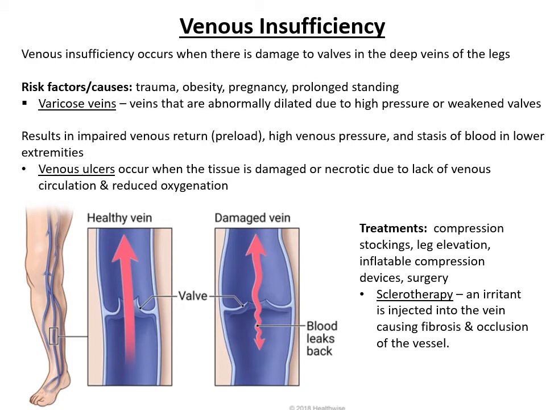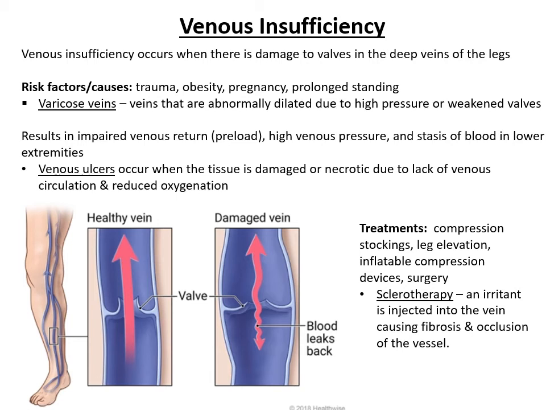So leg elevation. In order to elevate your leg, it has to be above the level of the heart. So basically the patient has to be horizontal or at a low incline in order to get their leg above the level of the heart, to allow for flow to go from the legs back to the heart. We use compression stockings to increase the pressure that will force the veins to flow the blood back up towards the inferior vena cava.